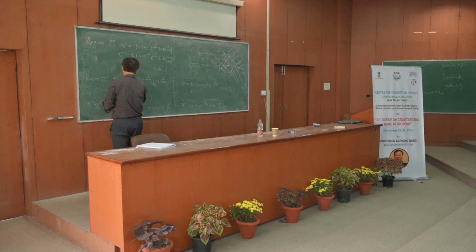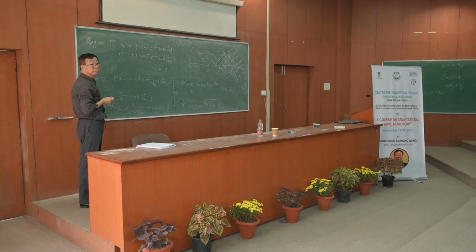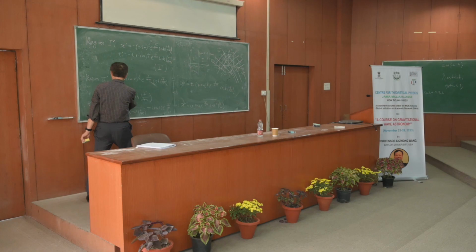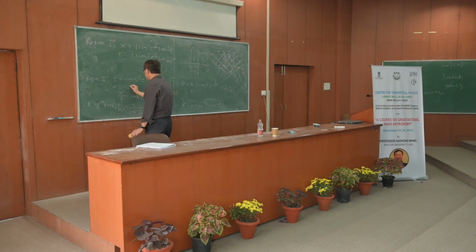So what I do is simply choose the minus sign. Once I get T prime, I can get my X prime, which again is minus the square root of 2m minus r, e to the r over 4m.